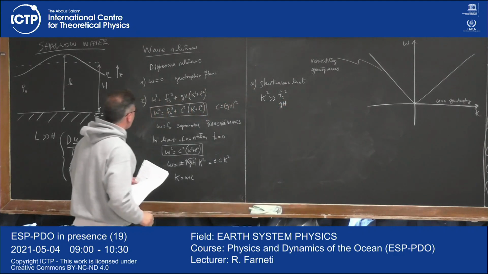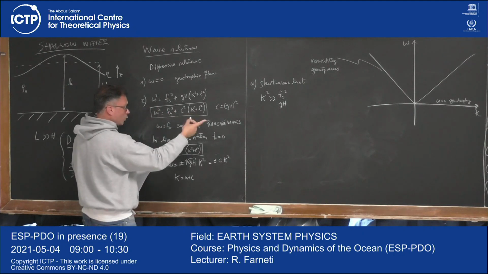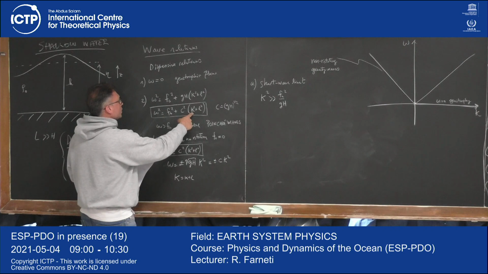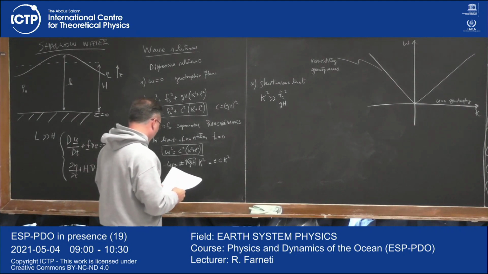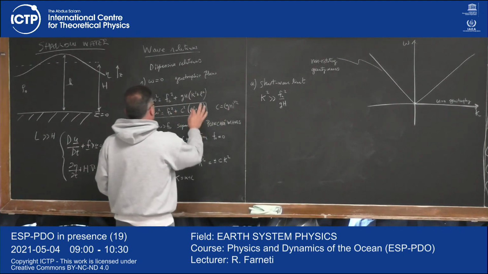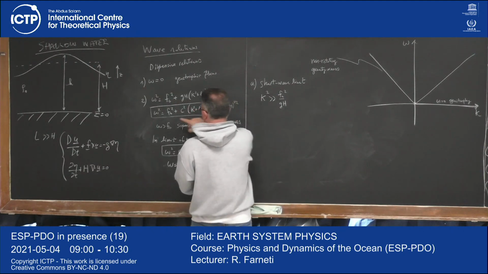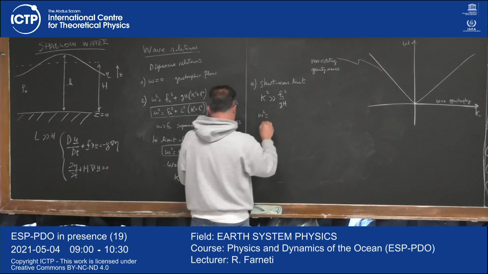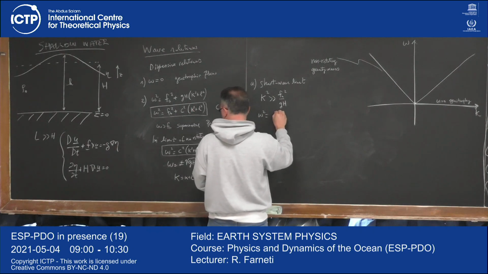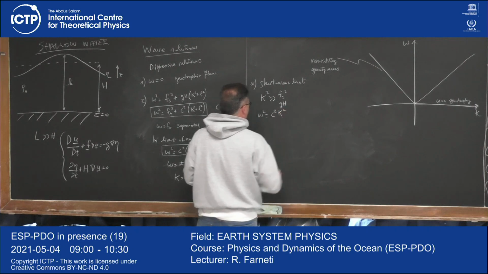gh. Okay, so in the short wave limit, wavelength is small, wave number is large, so this is much larger than f naught over c square. And so we can neglect f naught, so that we have that the frequency is again c square k square.